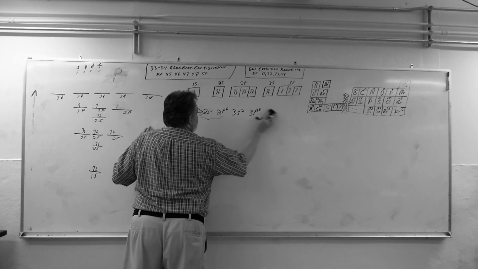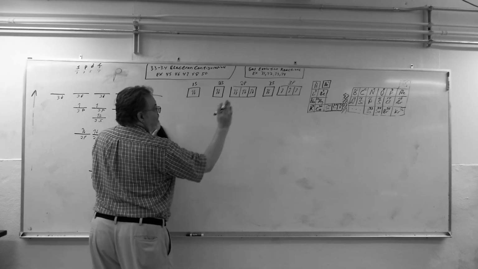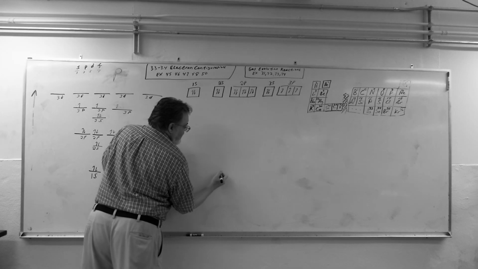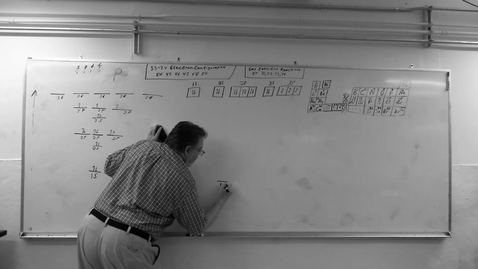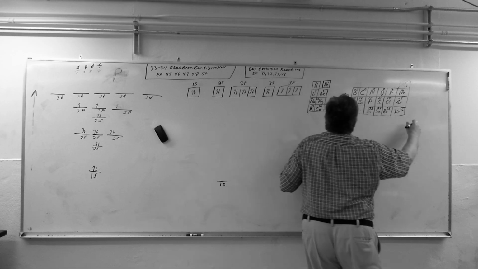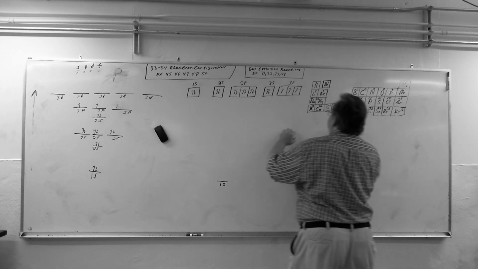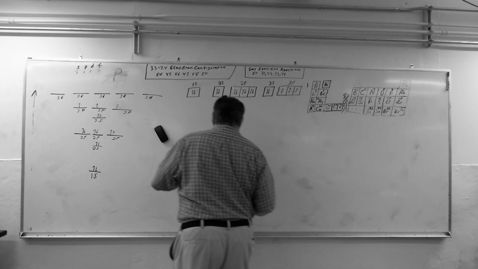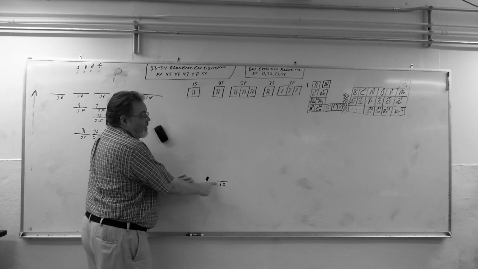Okay, hydrogen and helium, that's when you're filling the 1s. And then there's nothing over to the right, and you come back down and start at the next row. Notice this was the first row, and we were in the first shell, 1s.